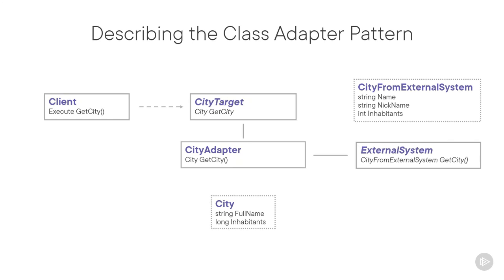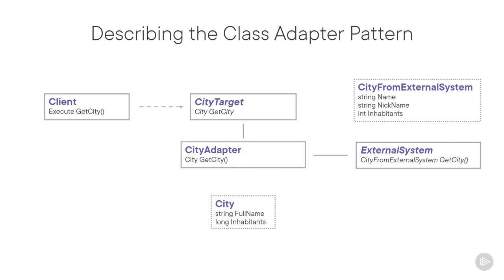In our case, our city adapter would derive from the external system and from the target, assuming both are abstract base classes. There's only one little problem with this. C# is a language that prefers composition over inheritance, and it does not support multiple inheritance. We could do this in Java, but we cannot do this in C#.